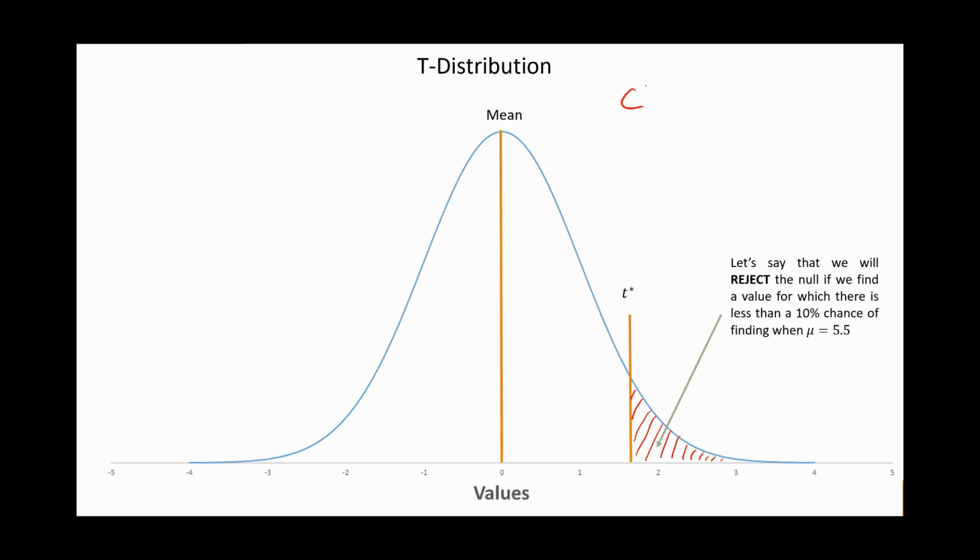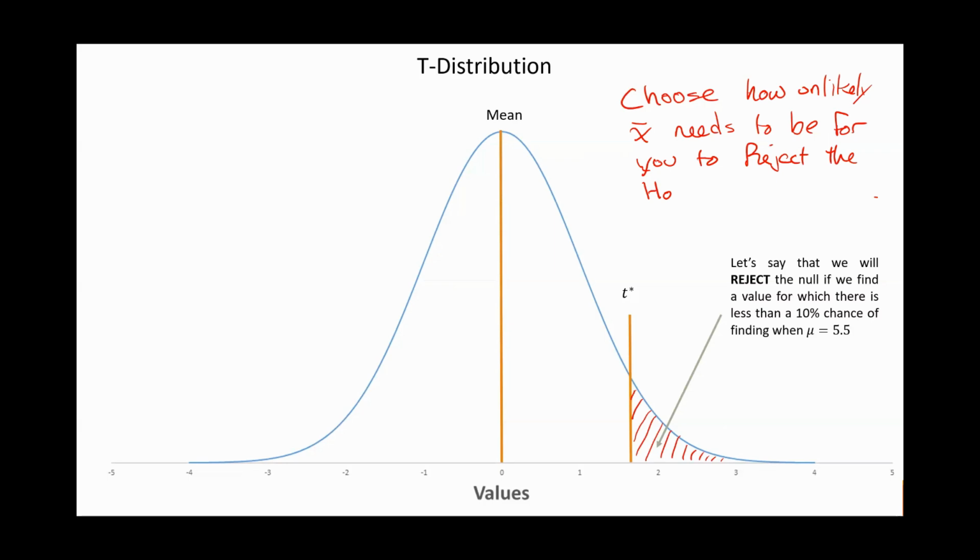When you do research, you get to choose how unlikely our X bar needs to be for you to reject the null. You get to decide that.